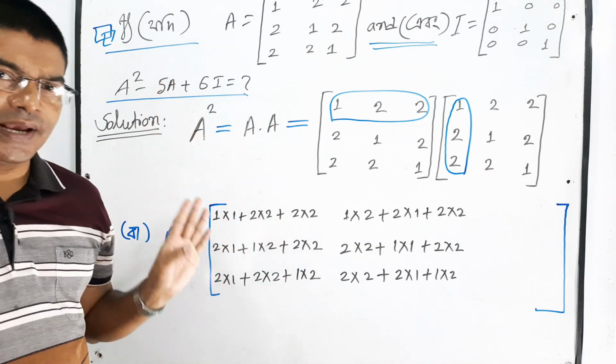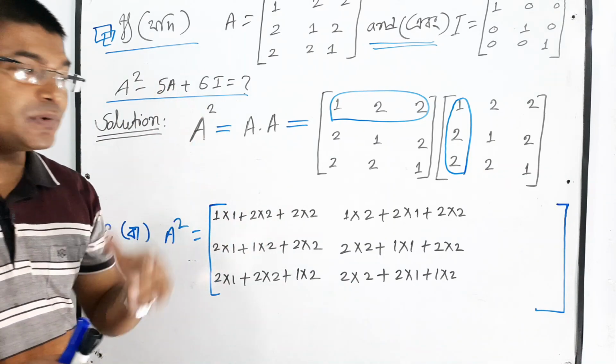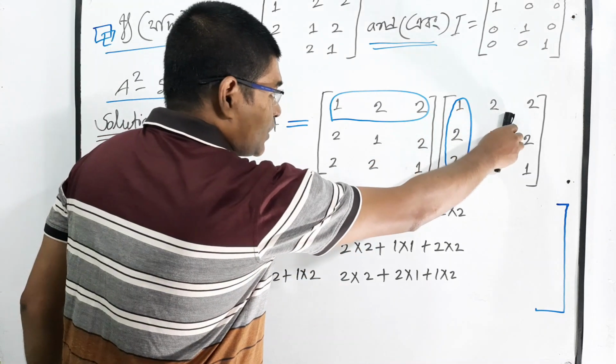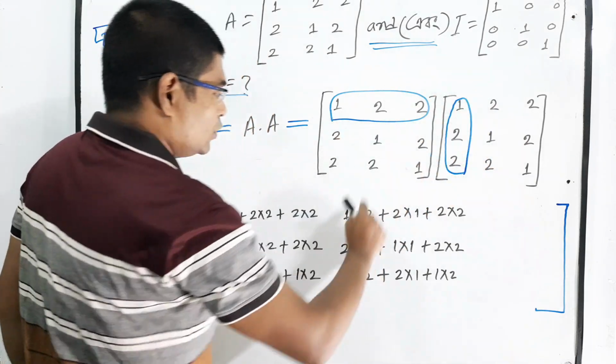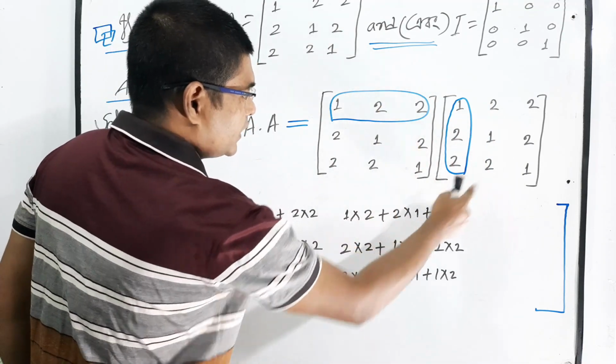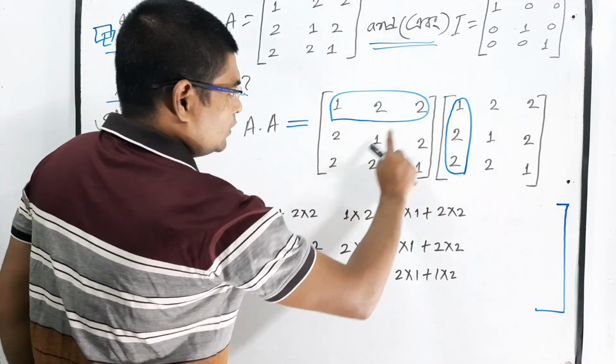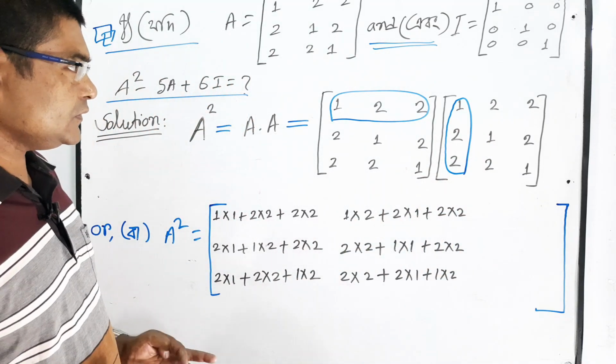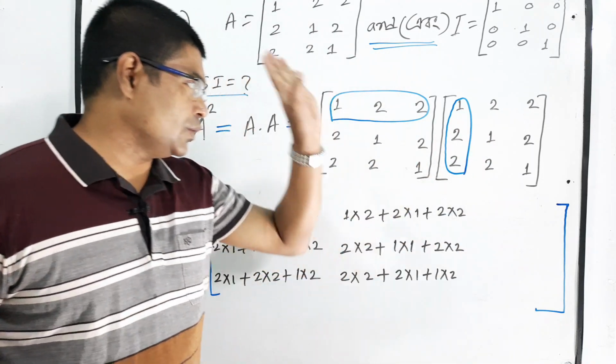In the same way, you have to solve. This is column and this is row. 1 into 2, 2 into 1, 2 into 2. 2 into 2 plus 1 into 1 plus 1 into 2. So here 2 into 2, completed.